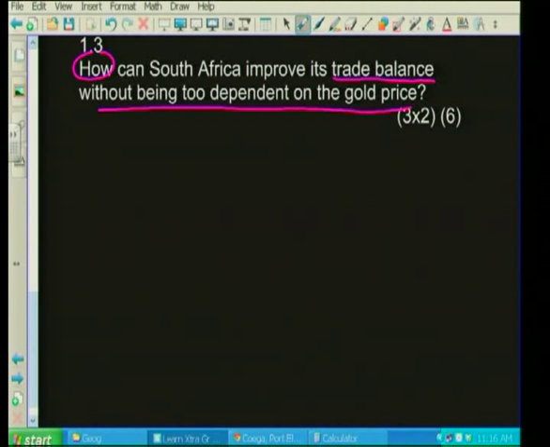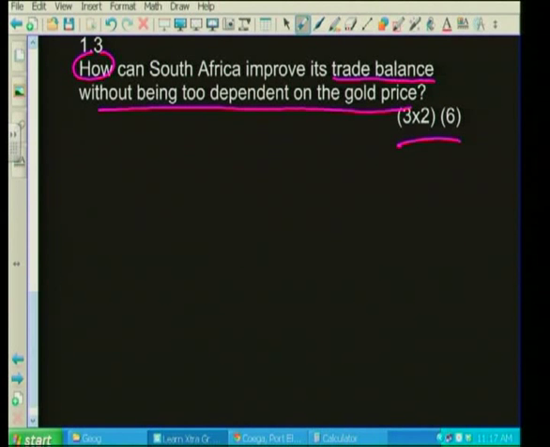Because remember, the gold price was the traditional way, and is still in many ways the way, that our economy is gauged or measured according to being successful or not so successful. So how can we get away from that? How can we have a positive trade balance without depending on that gold price is what they're asking you for. And remember, 3 ideas here for 6 marks is what we need to get those 6 points.